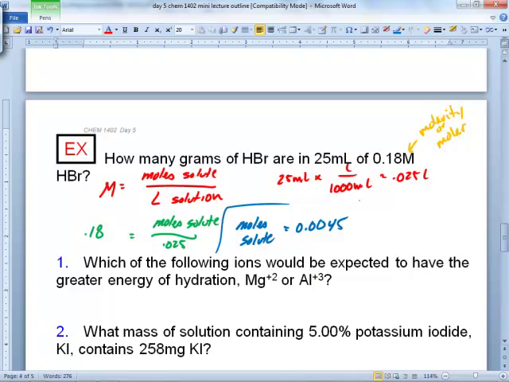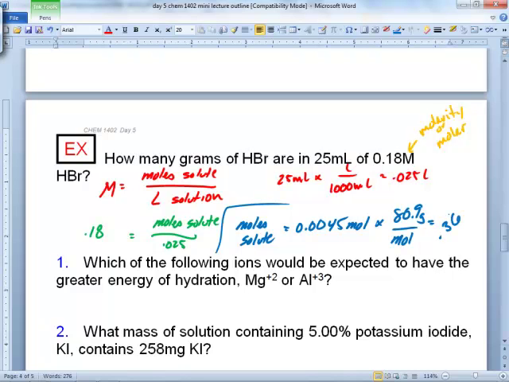Everybody else get that? Okay, we're good. Now we've got to get it into grams. What's the molar mass of this stuff? 80.9. Okay, now you multiply it and you get 0.36. Several folks got 0.36.